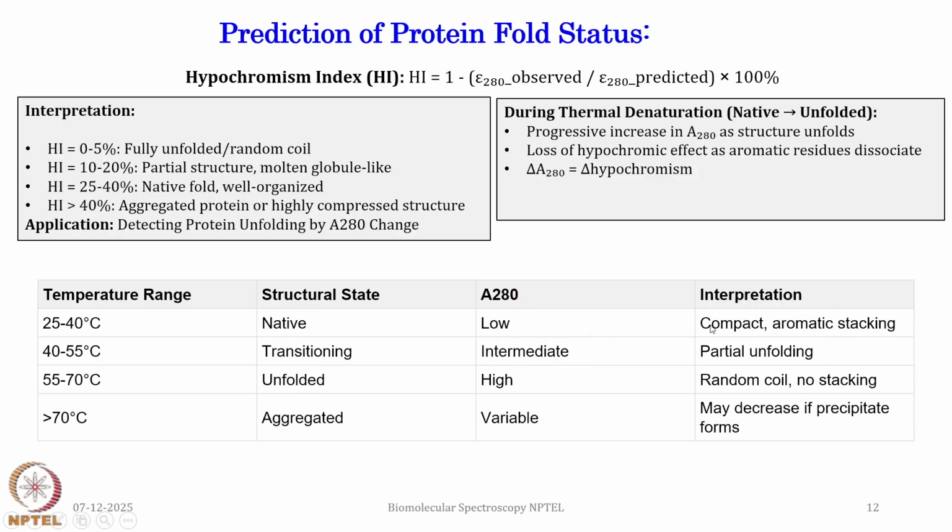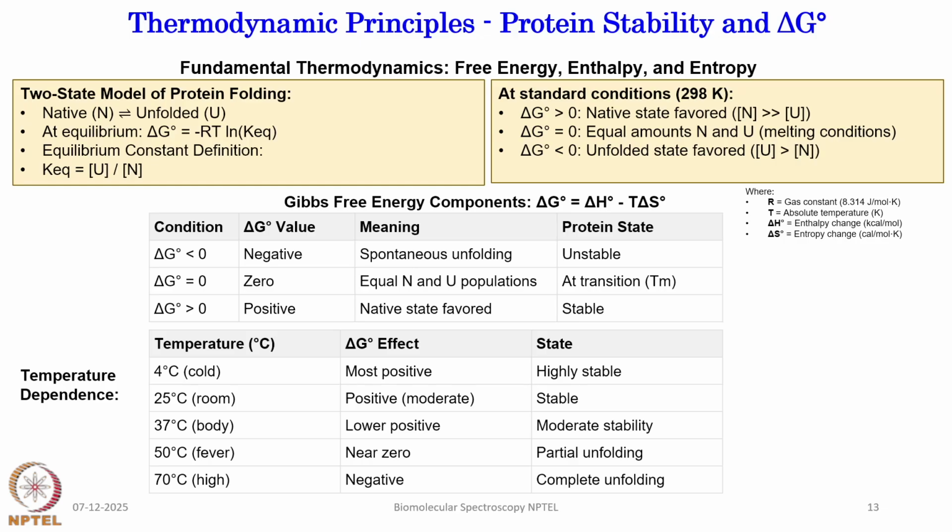When you go to 55 to say 70 degrees, it is the unfolded state, and now absorption has increased quite a bit, it is high, and that indicates the random coil or no stacking structure. And if we are at more than 70 degrees, this goes to the aggregated state, it is variable and it may decrease if a precipitate forms. So, aggregation can also precipitate protein out of the solution and therefore less absorption is happening, right.